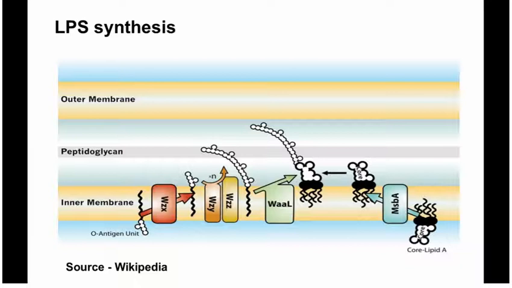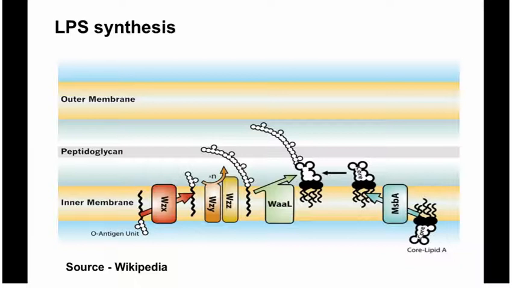So what do you think this could be? Come on, it's a leading question. I wouldn't ask you if it was impossible to find the answer from what you already know. What was this in the synthesis of peptidoglycan? The transporter. Bactoprenol, right? Yes, bactoprenol diphosphate. It's the same thing, okay?